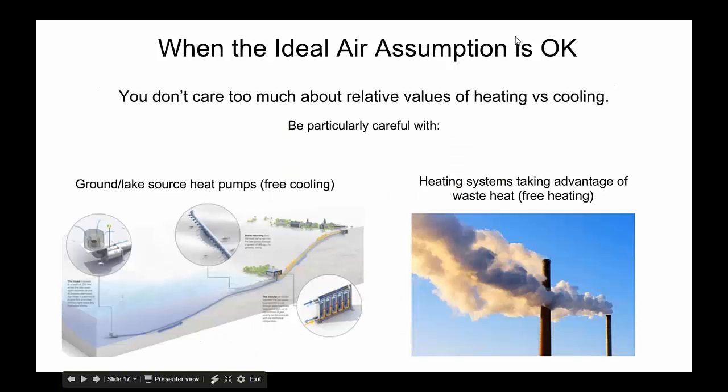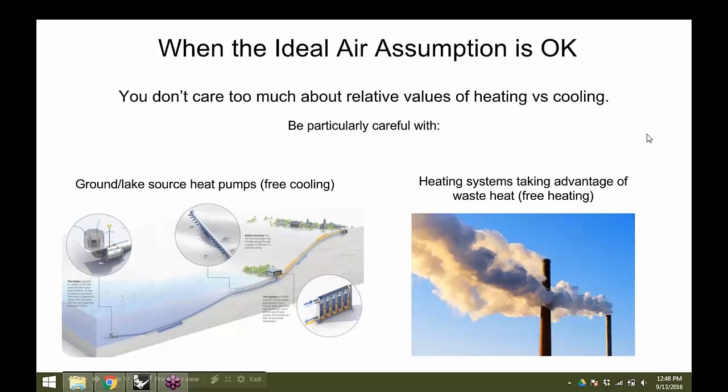Secondly, if you're going to use an ideal air system, you can't be too concerned about how much more valuable heating is than cooling. You're only drawing the boundary around the building, really around your zones, and you're not really modeling an HVAC system or anything else that will affect how valuable heating versus cooling is.